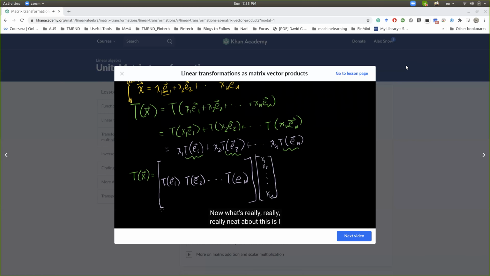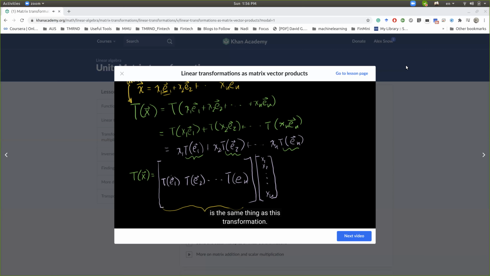Now what's really, really neat about this is I just started with an arbitrary transformation, and I showed that an arbitrary linear transformation of x can be rewritten as a product of a matrix, where I'm taking that same linear transformation of each of our standard basis vectors to construct that matrix, and multiplying that matrix times my x vector is the same thing as this transformation.